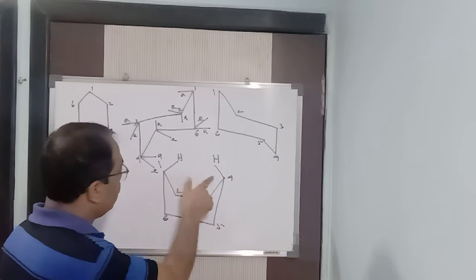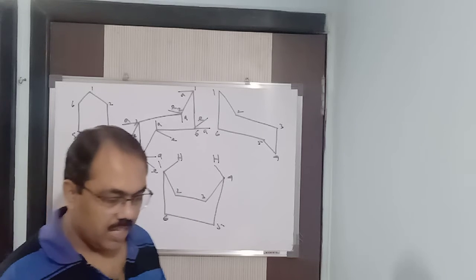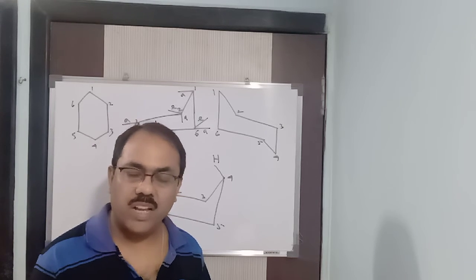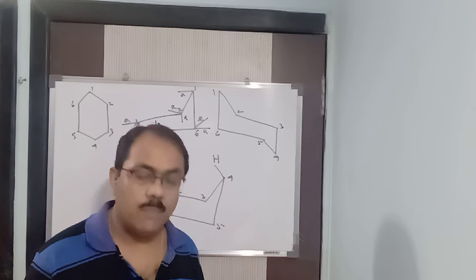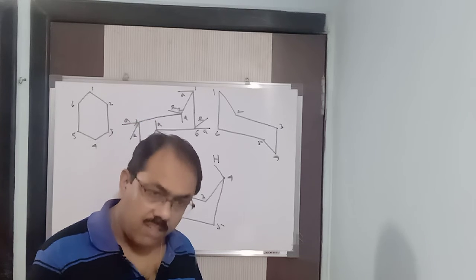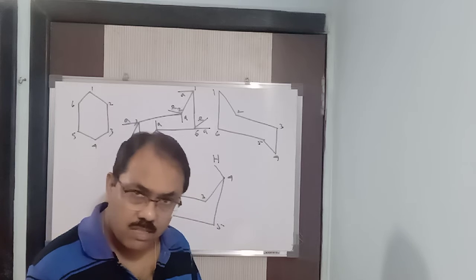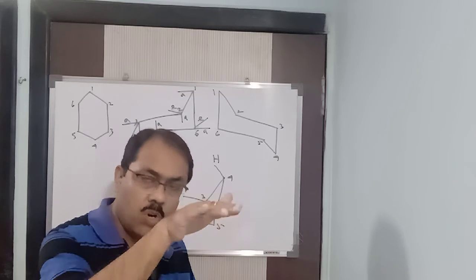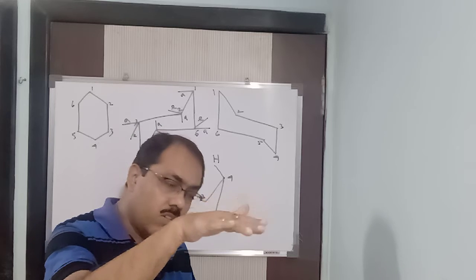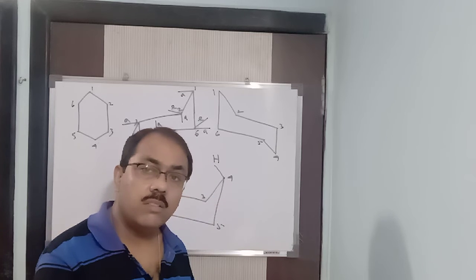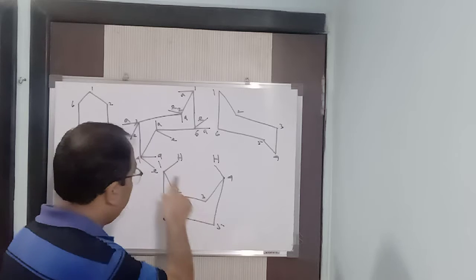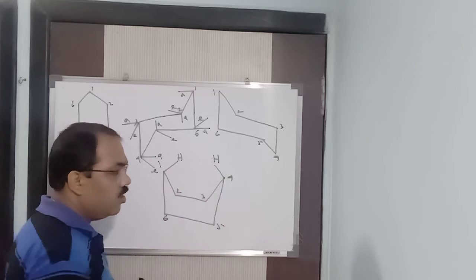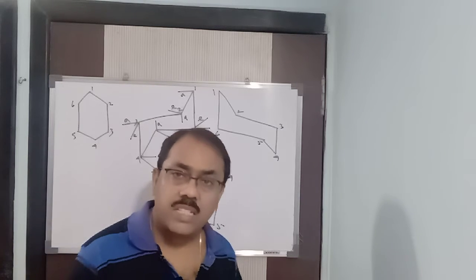As this hydrogen atom is eclipsed, it is less stable in nature because eclipsed has more energy. So stability is less. You can go back to the diagram and see that eclipsed energy is more in the potential energy diagram. So if the energy is more, the stability is less. Hence here also, as the flagpole hydrogen atoms are eclipsed, the stability is less.